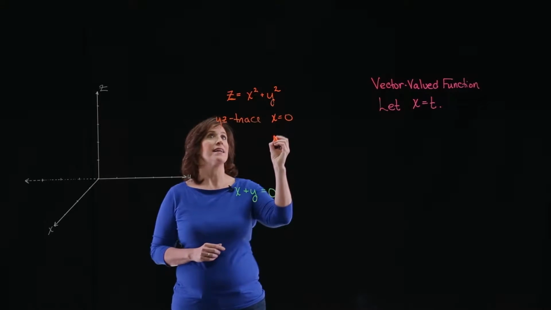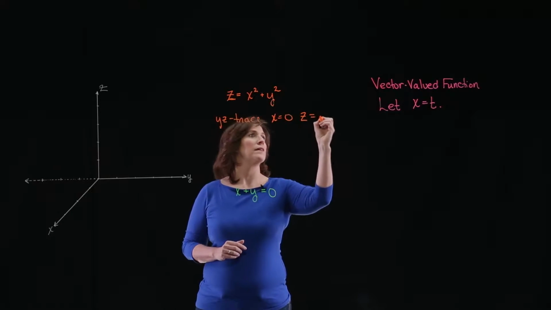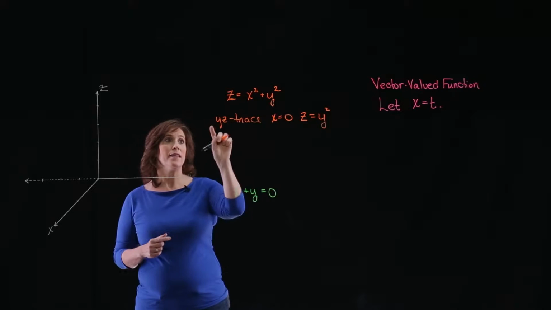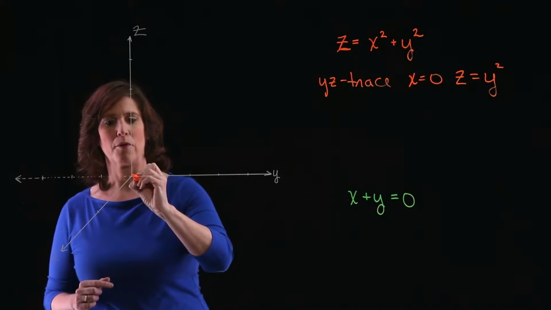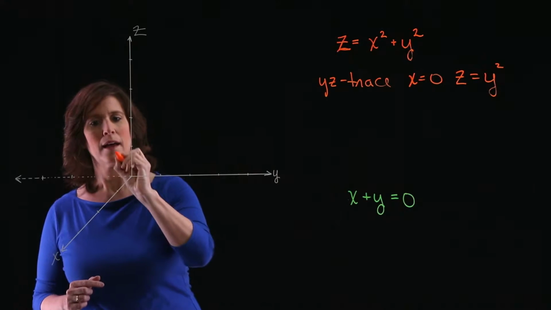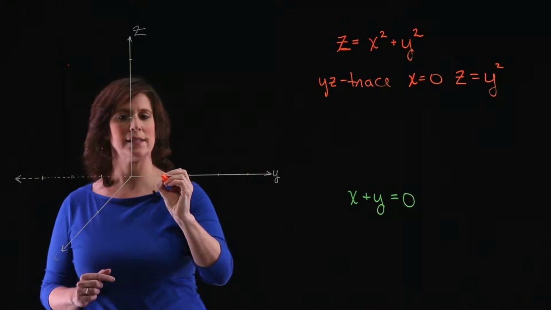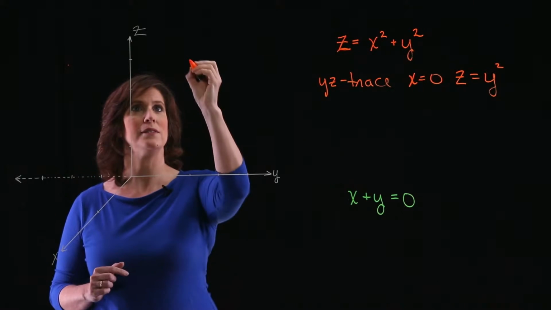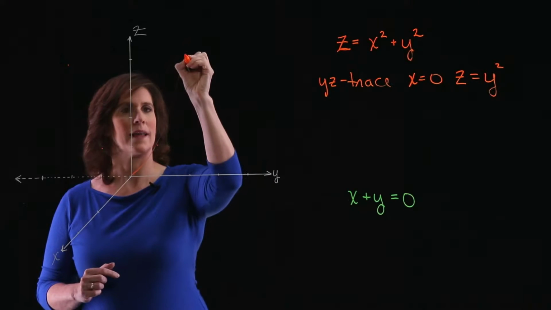And when I do that, I have z equals y squared, which is just a parabola in the YZ plane. So let's go ahead and mark that down. I'm going to have just a standard parabola. When y is 1, z is 1, and when y is 2, z is 4. It's going to look something like that.